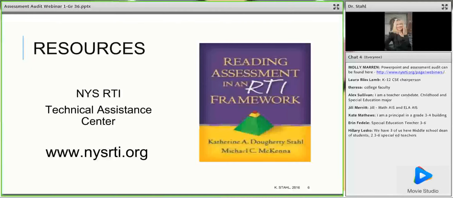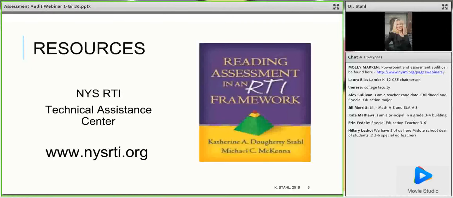Also, as we talk about the audit process, we worked over the last 5 years with 14 different pilot schools. You can actually look at those pilot schools' websites, their school information, and see samples of different assessment audits and how those very unique schools actually underwent this process. So there are some wonderful examples and wonderful resources on that website, as well as follow-up information in terms of doing the assessment audit, more detailed information.